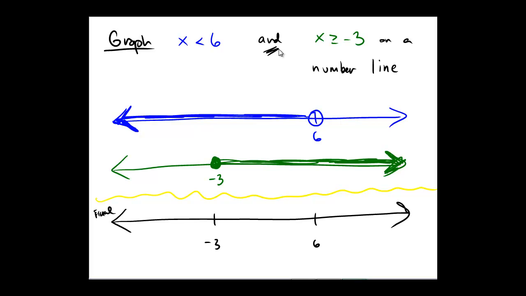The only part that we include is the region in between negative 3 and 6, because this region was shaded in both of the graphs. Negative 3 is in both graphs, solid dot. 6 is in only the bottom graph, not the top one, so we do not include it, and that creates the open dot.